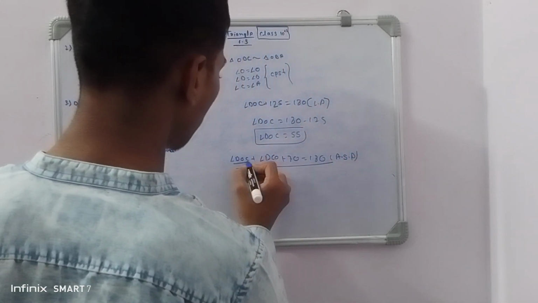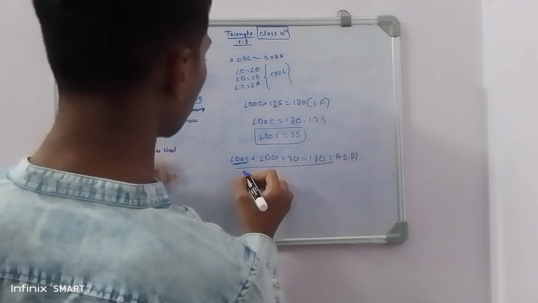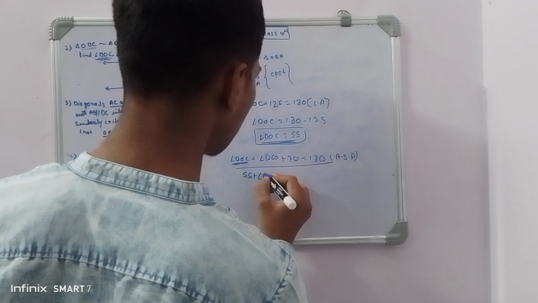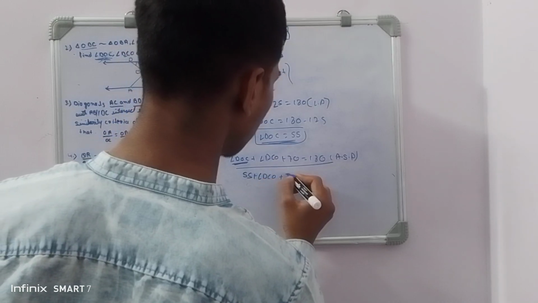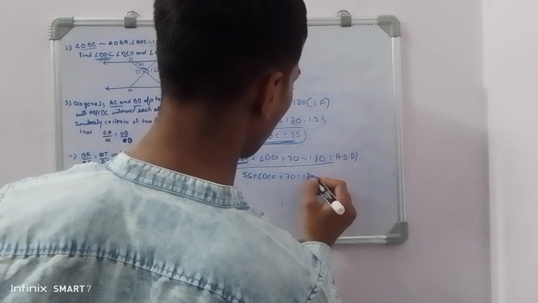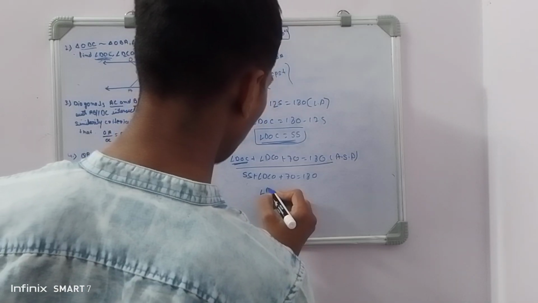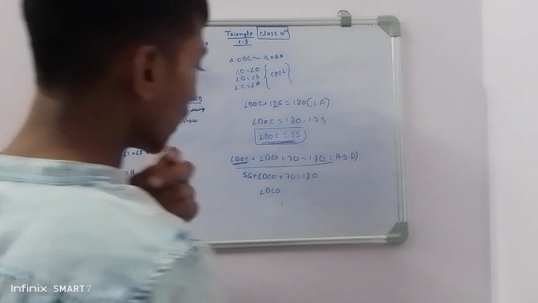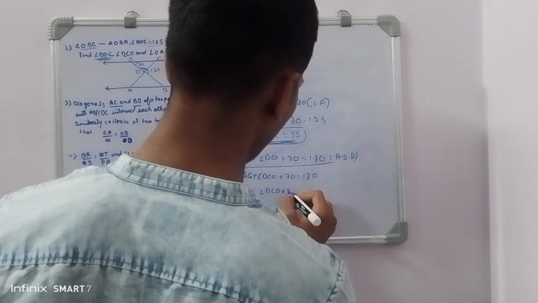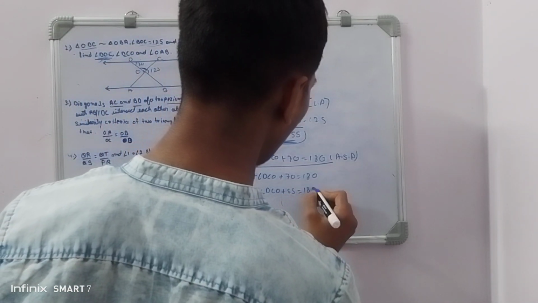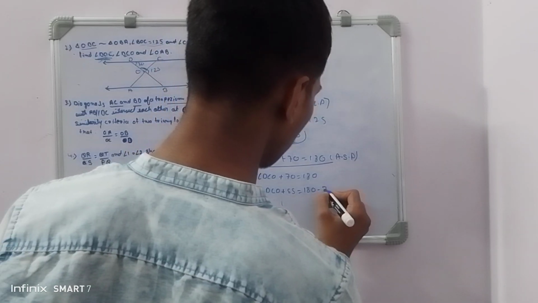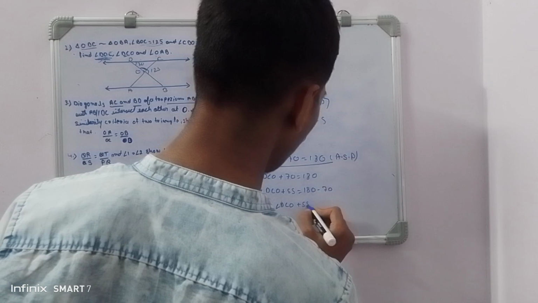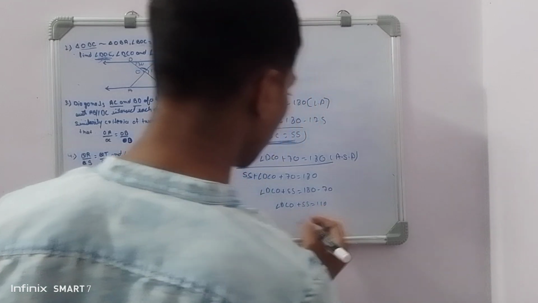So DOC, which is 55, we already got from here, and angle DCO and then 70, it is going to be 180. Now angle DCO which we have to find is going to be 55 plus 180 minus 70. So angle DCO plus 55 is equal to 110.